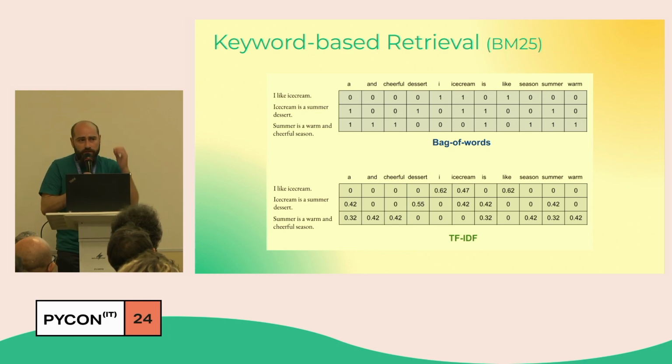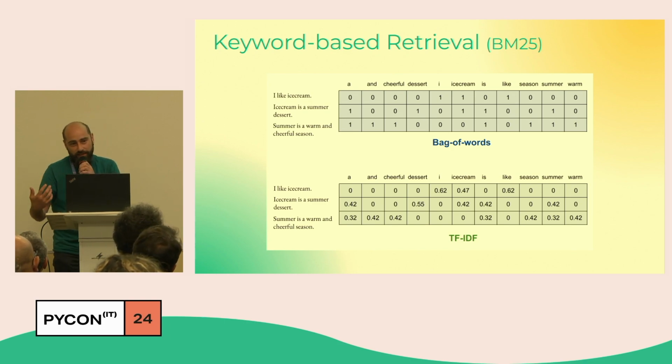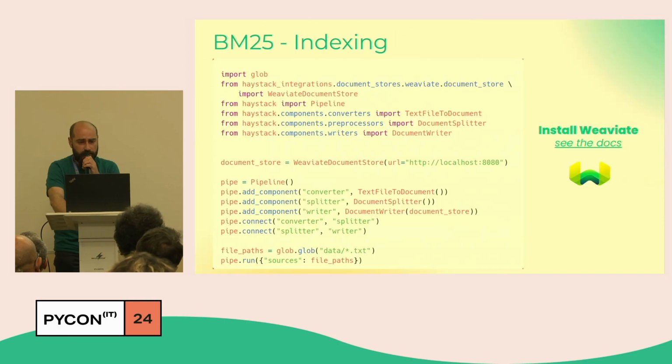And this keyword-based retrieval works well for precise word matching. It's fast, it's quite good, but it can't take semantic meaning into account. But in any case, it is used, and let's see a simple example with Haystack.